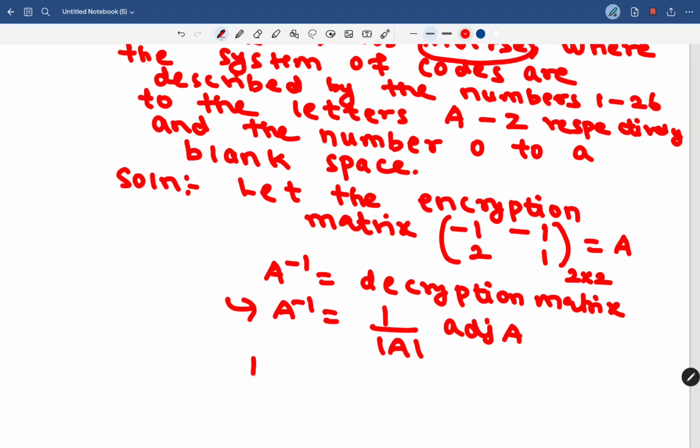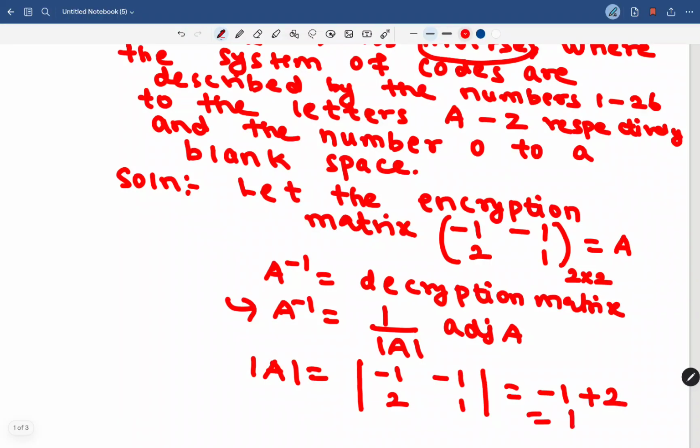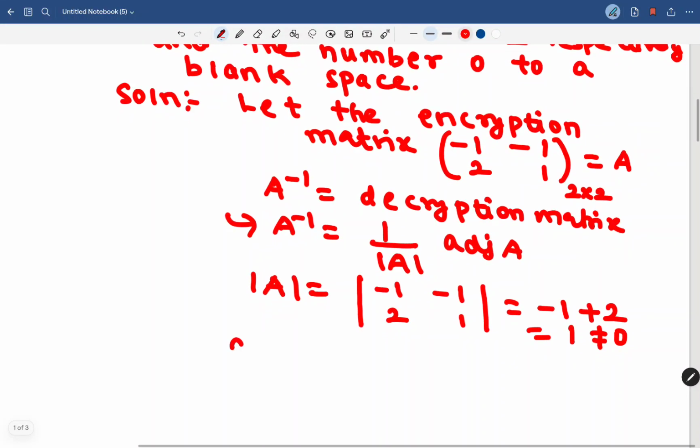For the matrix A, I am going to find the determinant of A. Determinant of minus 1, 1, 2, 1 is minus 1 minus 2, which is minus 3. Now I am going to find adjoint A. Since it is 2 cross 2, I am going to use the shortcut method.